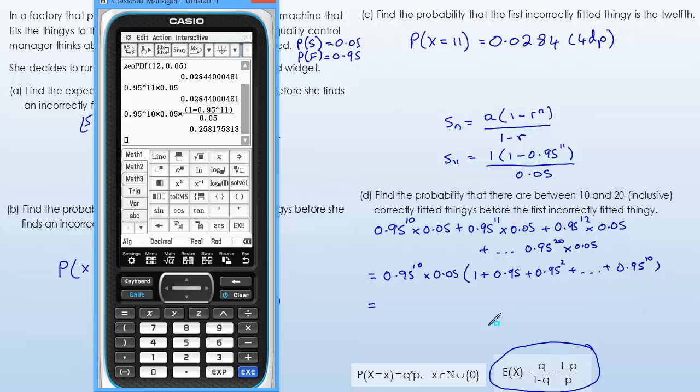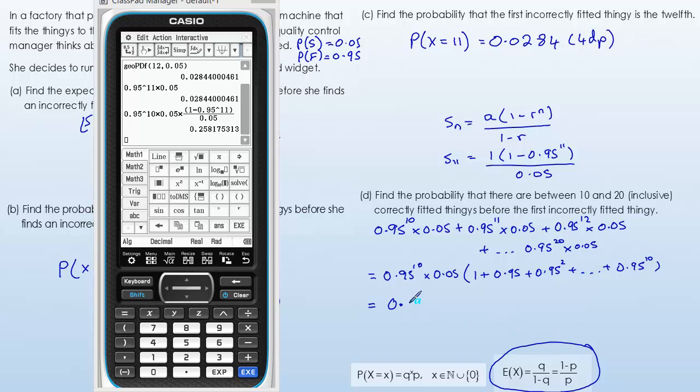Let's calculate that. It gives us 0.2582 if we go to 4 decimal places.